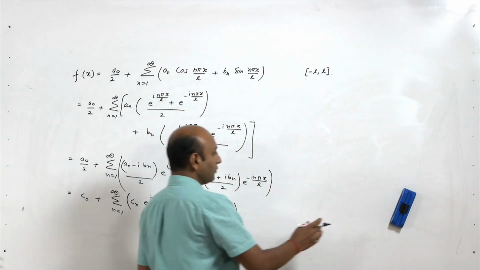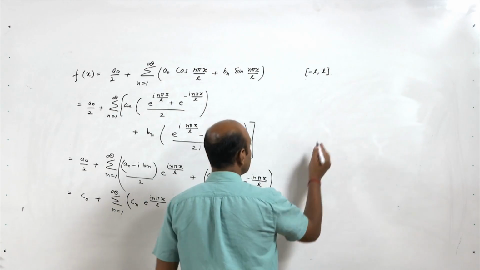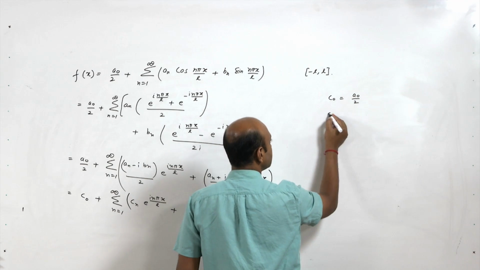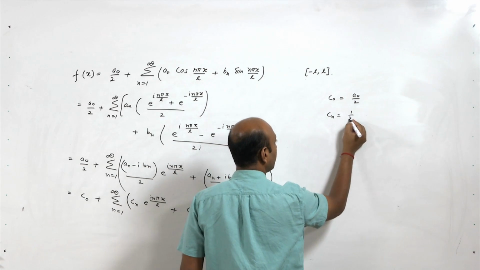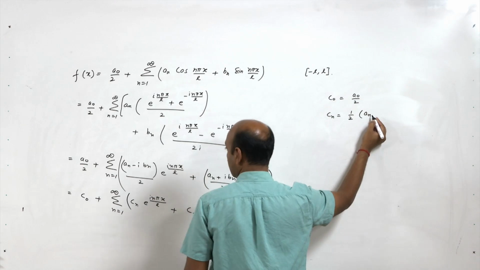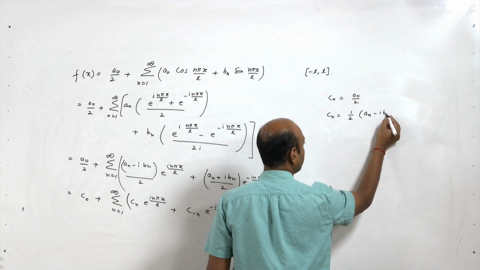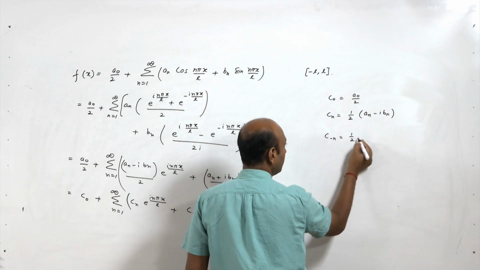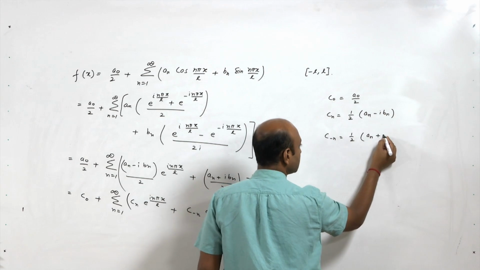So, what are these? c naught is nothing but a naught upon 2, c n is nothing but half of (a n minus iota b n), and c minus n is nothing but 1 by 2 (a n plus iota b n).